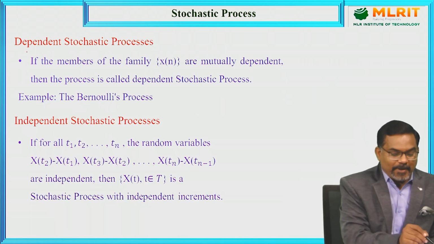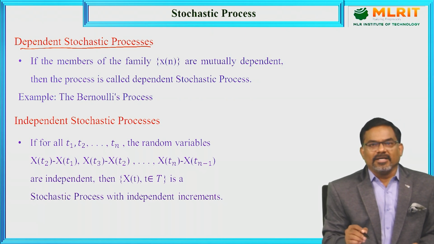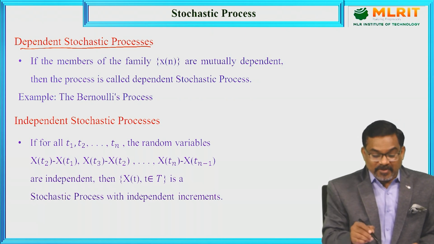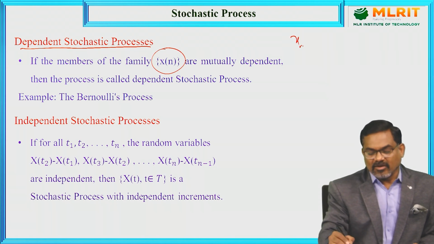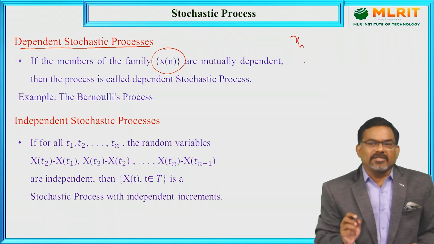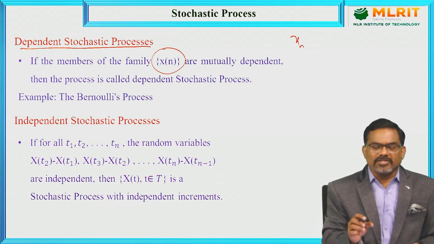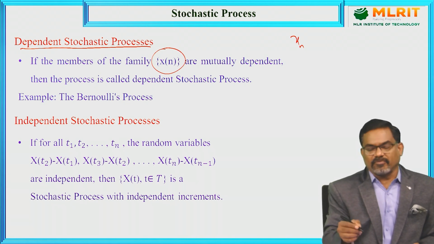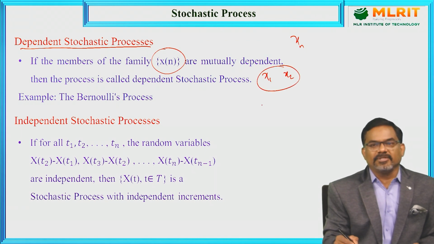Now, coming to the dependent stochastic process: if the members of the family are mutually dependent, for example X of n, or we can denote it by Xn also. Mutually means if you consider any two values, for example x1, x2, they must be dependent.